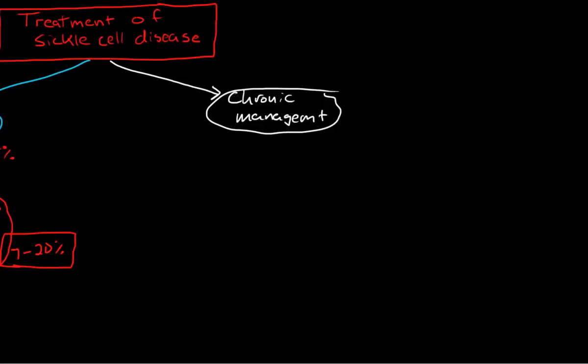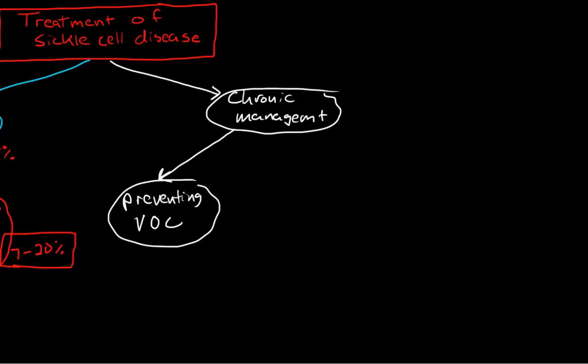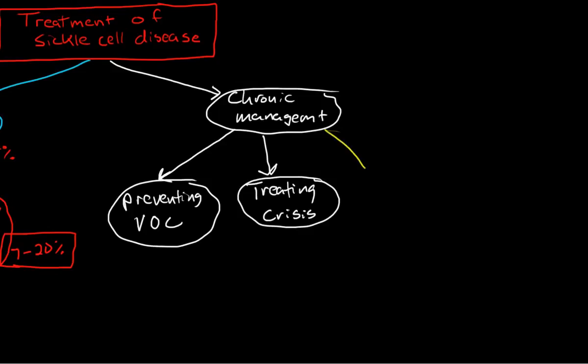So for the rest of sickle cell patients, we need to engage in chronic management. Chronic management involves preventing vaso-occlusive crisis, treating these crises when they occur, and preventing infection.